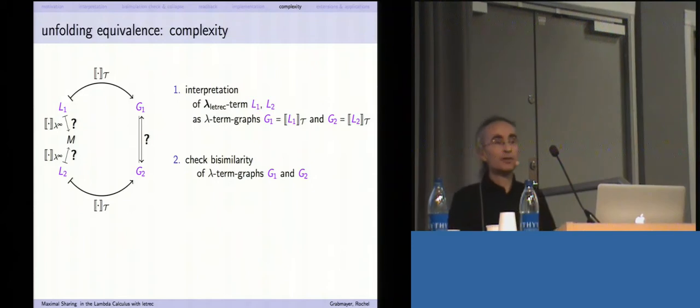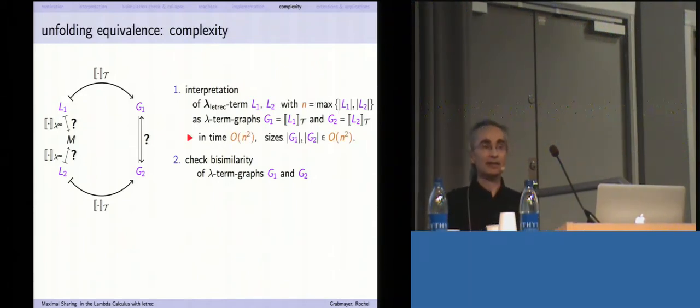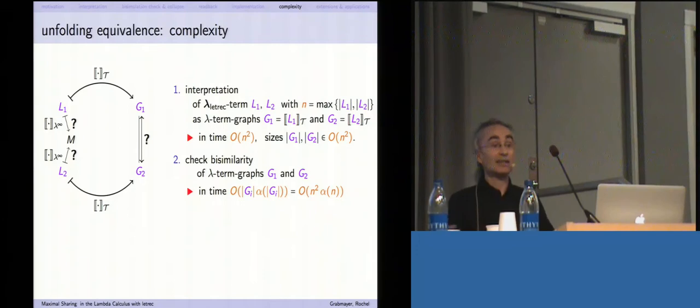What about unfolding equivalence? The first step, interpretation, is again quadratic, both in the time that is necessary and in the size of the graph that is produced. Checking bisimilarity is possible in almost linear time, namely m alpha of m, where m is the graph size, and alpha is the quasi-constant inverse Ackermann function, which in our situation here gives n squared alpha n.